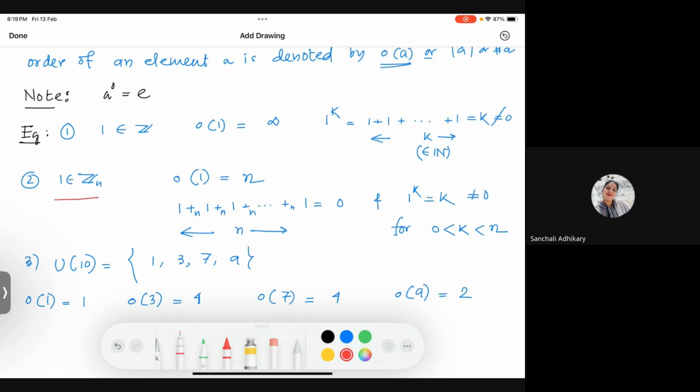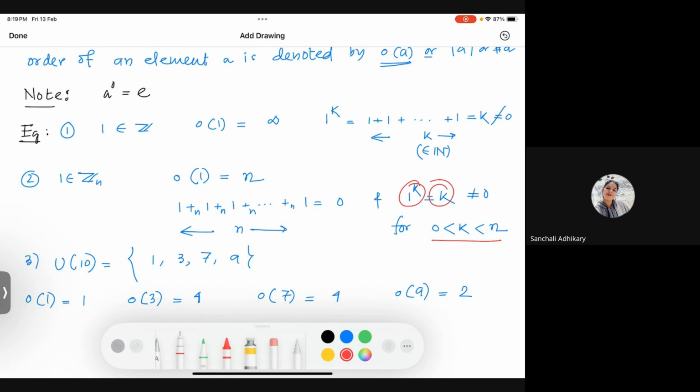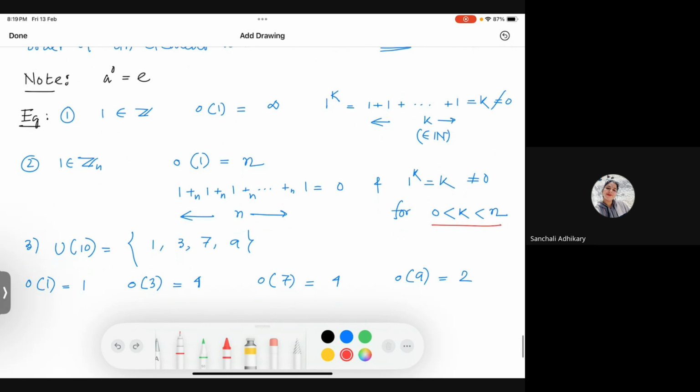If 1 belongs to Zn, what is the order of 1? The order of 1 is n, because 1 plus 1 plus 1, if you add n times, is equal to 0, and n is the least positive integer. If you take any k between 0 and n, then 1 to the power k is k, which is not equal to 0 in Zn, right? So in this question, U10 is 1, 3, 7, 9.